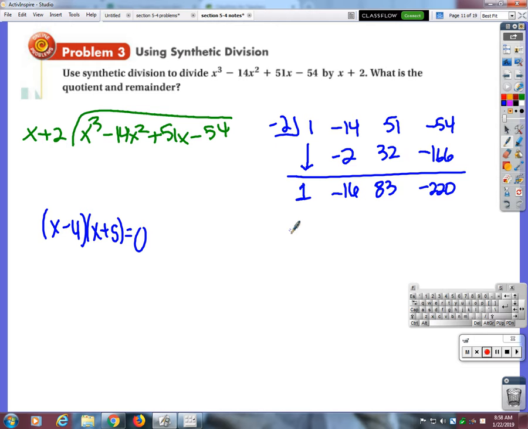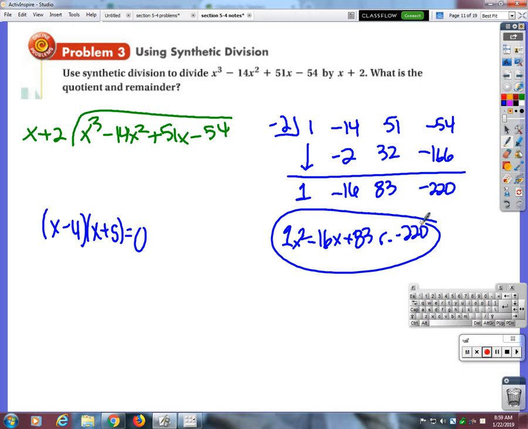So my answer is 1x squared minus 16x plus 83 with a remainder of negative 220. Okay? Way faster. Way easier. The only problem is, like I said, we can't always use this, but most of the time we can.